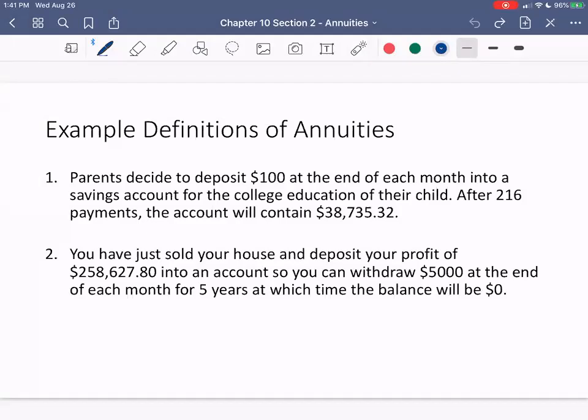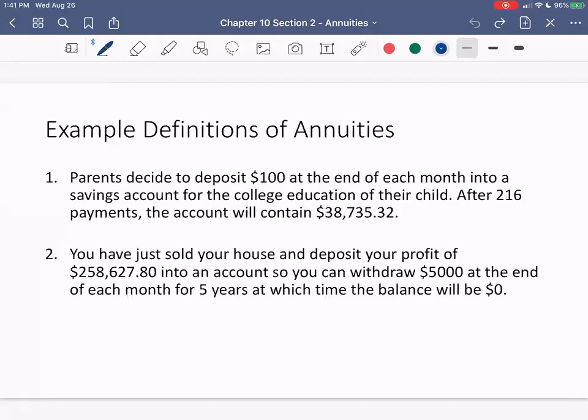It's almost like a bank account, but it has a special percentage that it's gaining. You just know that after this many payments, we'll get this. It gains this much interest throughout the whole time, and we make a $100 deposit, which we'll call rent, at the end of every month. Then after 216 payments, you'll have this $38,000.